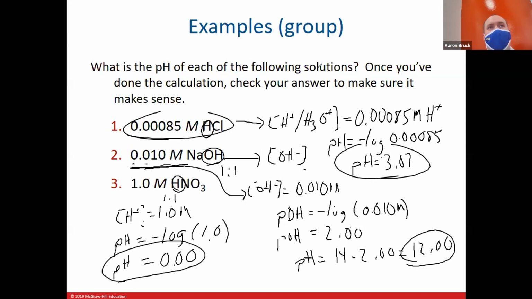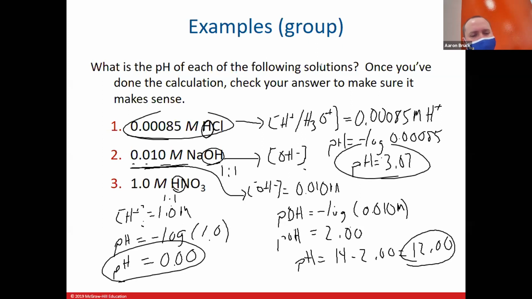The only time that's not going to happen is if I have like a diprotic acid or something like calcium hydroxide that has 2 hydroxides per. Then I would have to multiply the concentration by however many hydrogen ions or however many hydroxide ions. But I've got a hydroxide concentration here, 0.01.